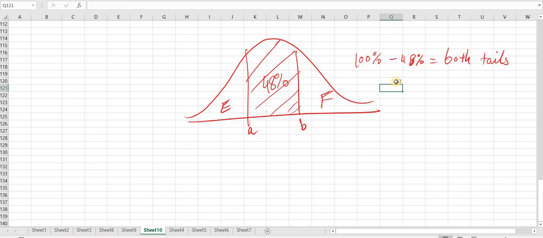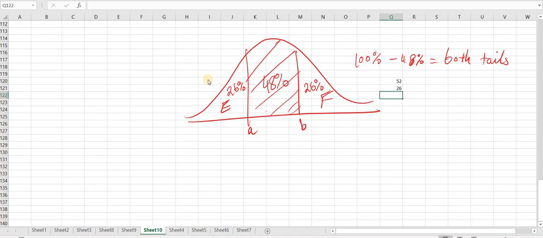If the area isn't in the middle, I have no way to find A and B. But because the area 48 is in the middle, I can say that the area in the tail E is equal to the area in the tail F. And as a result, if I divide 52 by 2, I can get the area in each tail. So I'm going to do that. And that is 26 in each tail. So the area here is 26% and here is 26%.